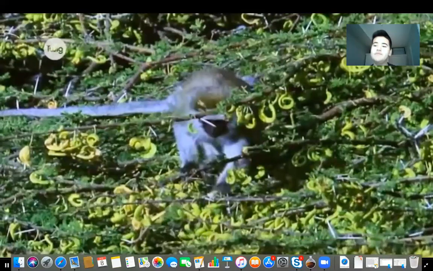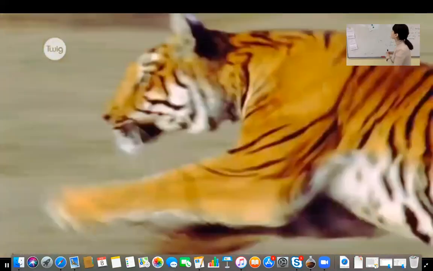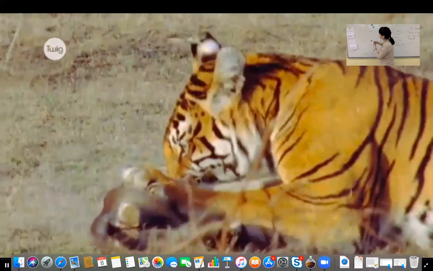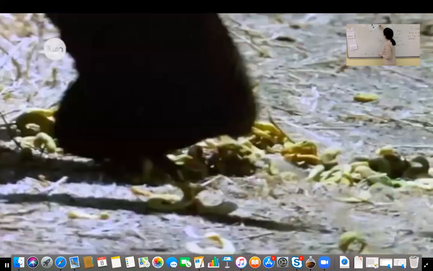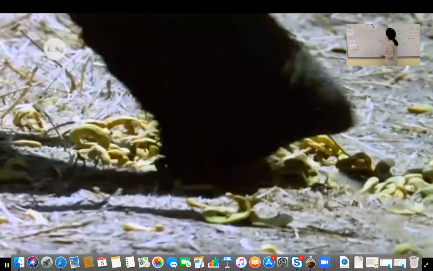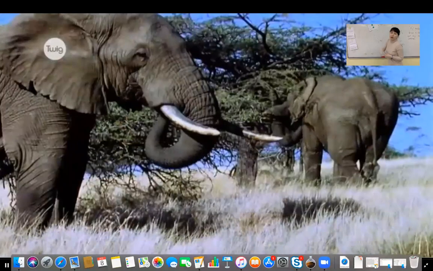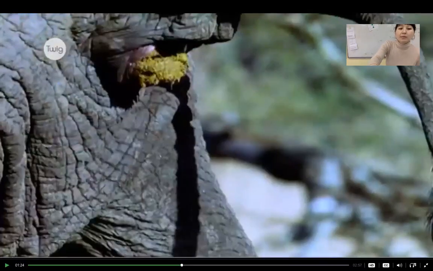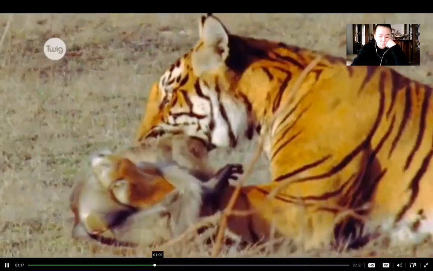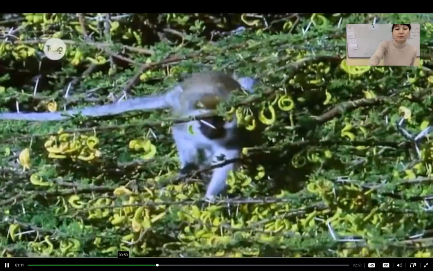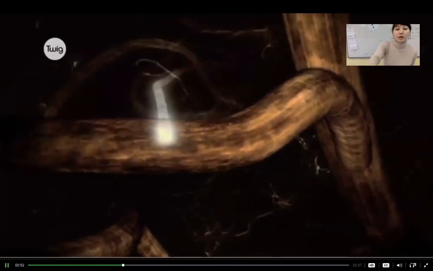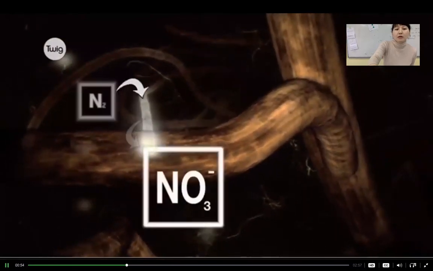When plants are eaten, proteins pass up the food chain, providing animals with the nitrogen they need. Yes, this process, the first step, is called nitrogen fixation.